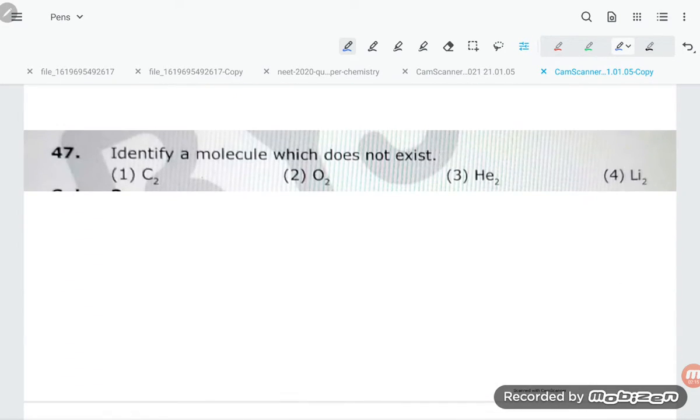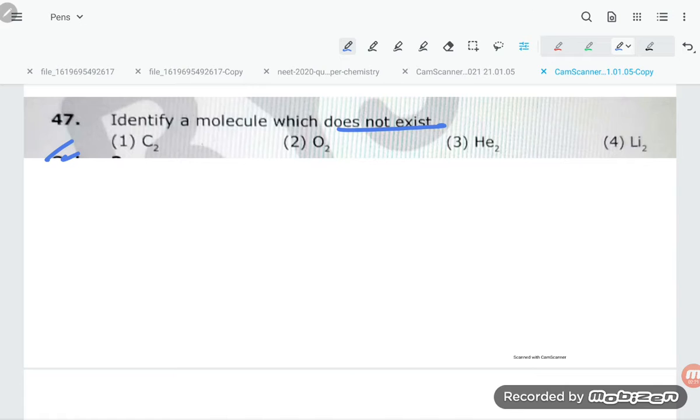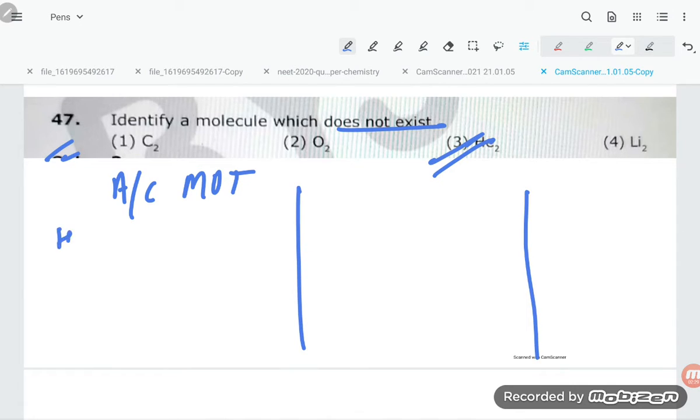Now let us move to question number 47. Identify the molecule which does not exist. So dear students, this can be solved by MOT. According to MOT, our answer is helium. Why helium? Helium is He2, means helium plus helium. Here is 1s2 and here is also 1s2.